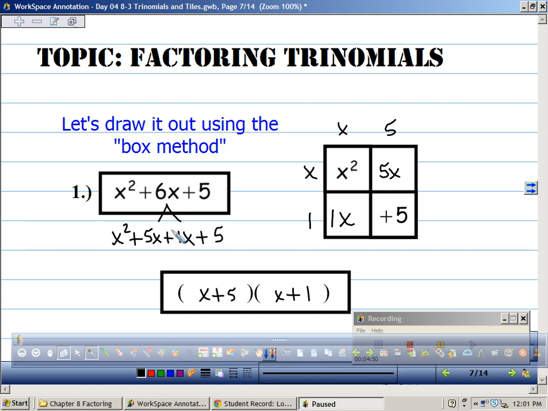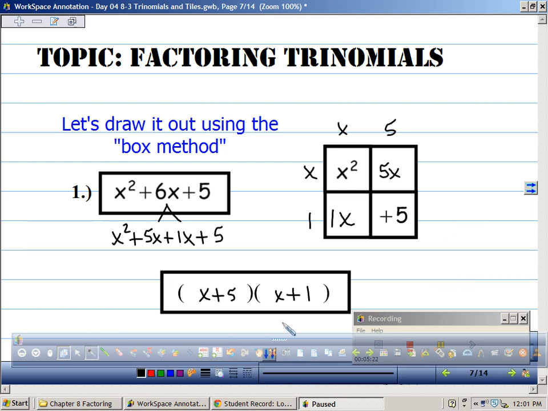You've been doing that with those big X's, right? If you have 5 and 6, what two numbers make up 6, but when you multiply them, they're 5? 1 and 5? Not the same thing you've been doing?